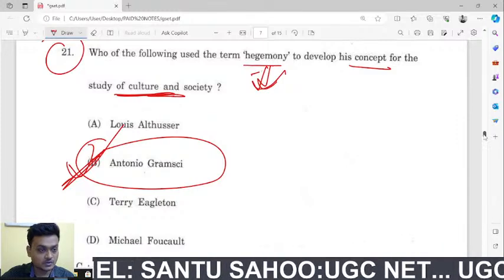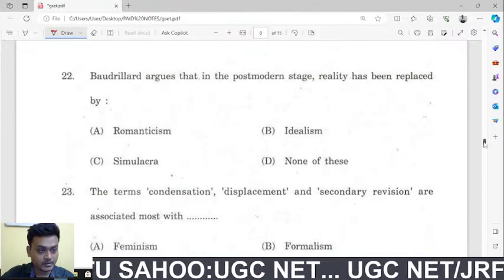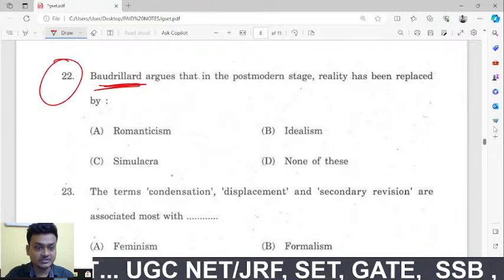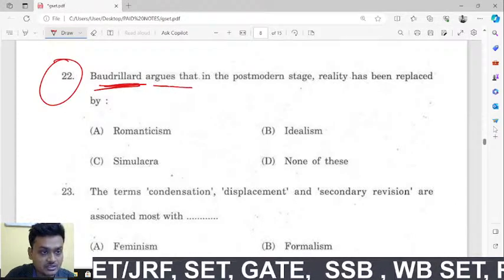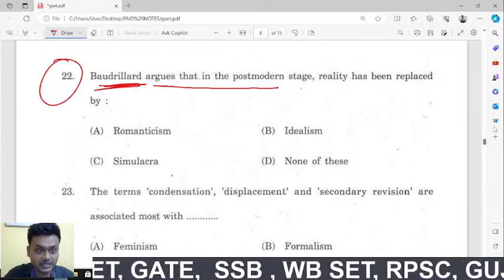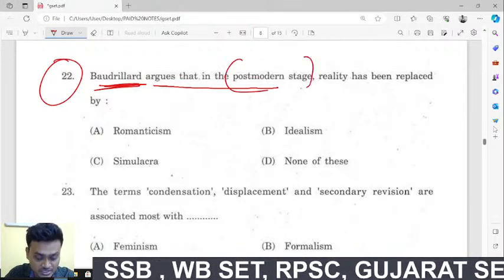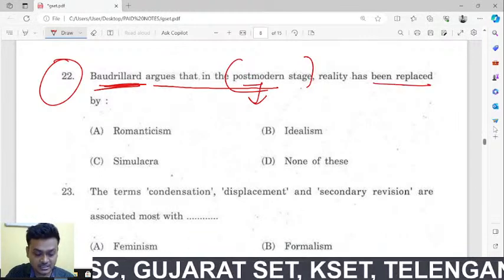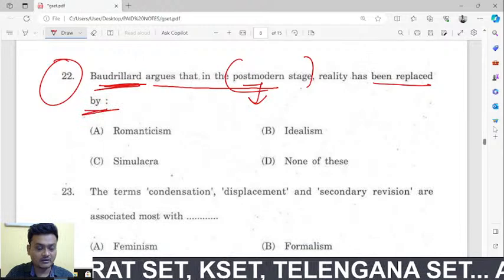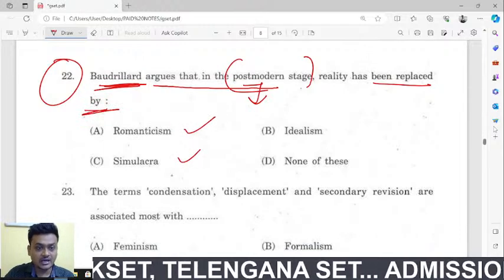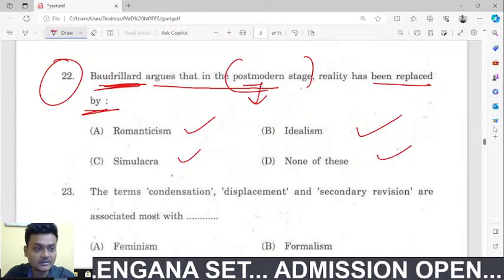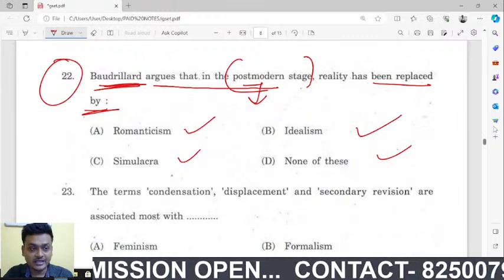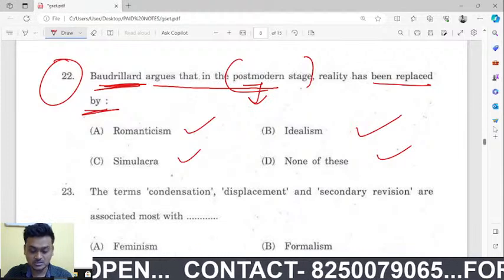Jean Baudrillard, the semiotician, argues that in the postmodern stage that we are living in now, reality has been replaced by what? Romanticism, simulacra, idealism, or none of the above.